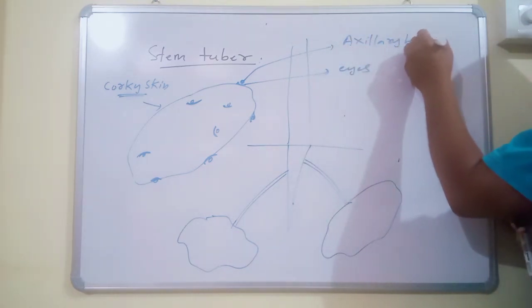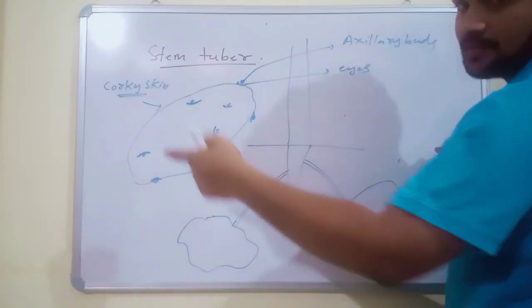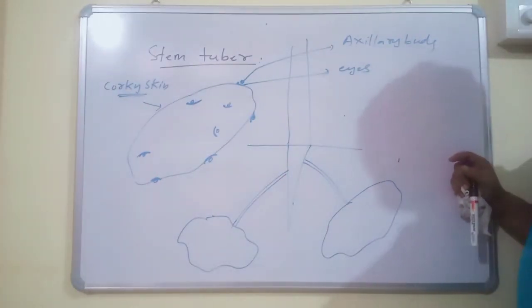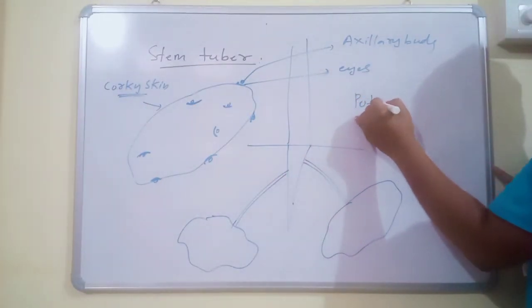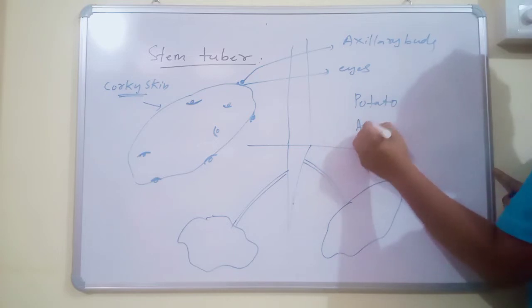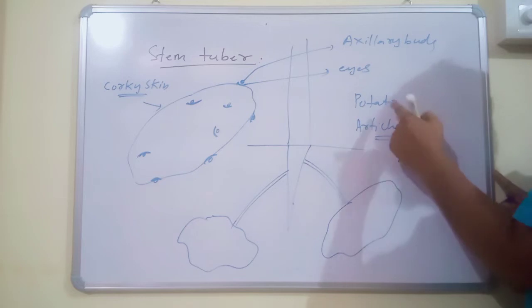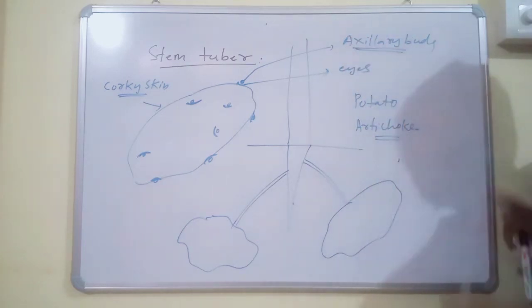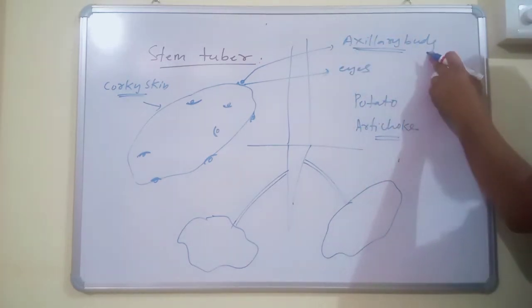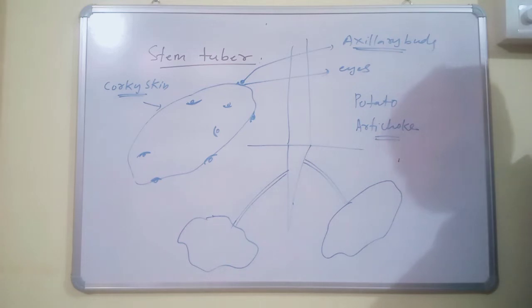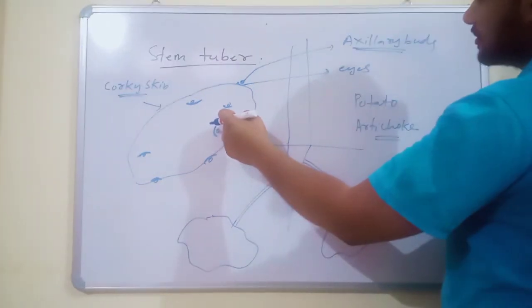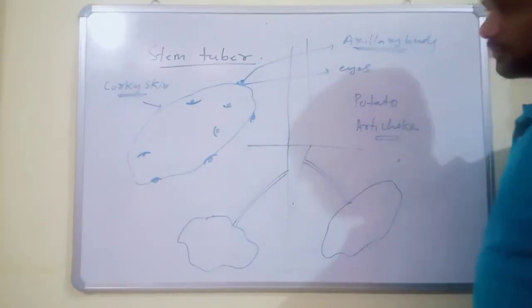And axillary buds help in vegetative propagation. In plants like potato and artichoke, vegetative propagation is by means of axillary buds. And this stem tuber also helps in storage of food material.